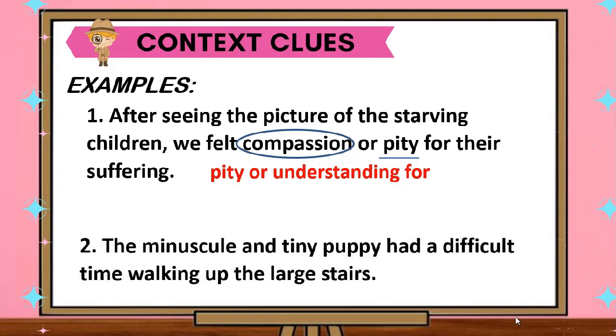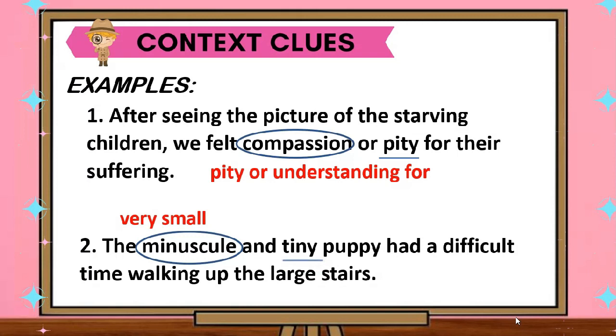The minuscule and tiny puppy had a difficult time walking up the large stairs. What word in this sentence is unfamiliar to you? Minuscule. Minuscule and tiny have similar meanings, so they are synonyms. If you know what tiny means, you can conclude that minuscule means very small.